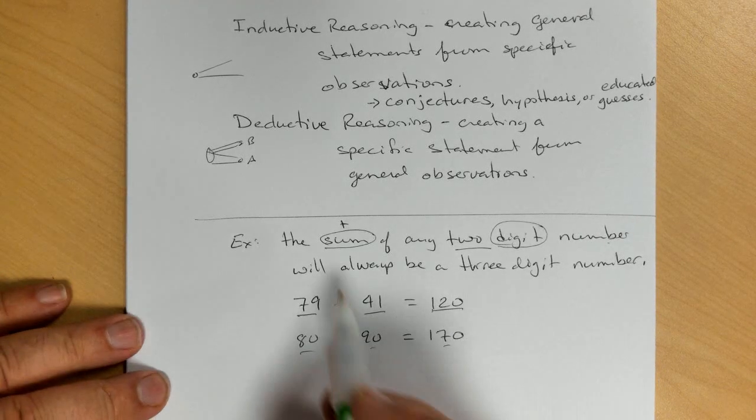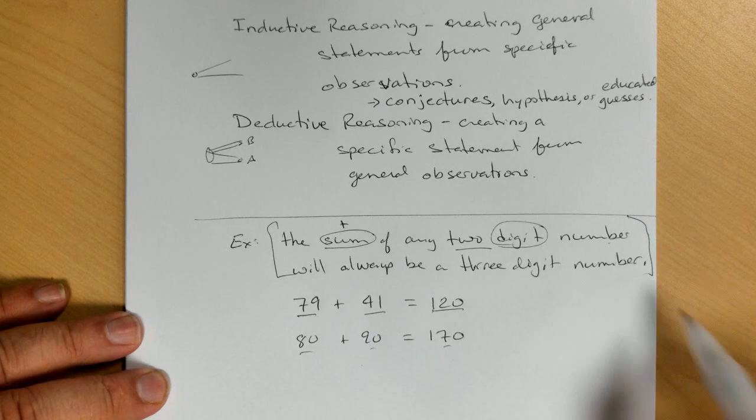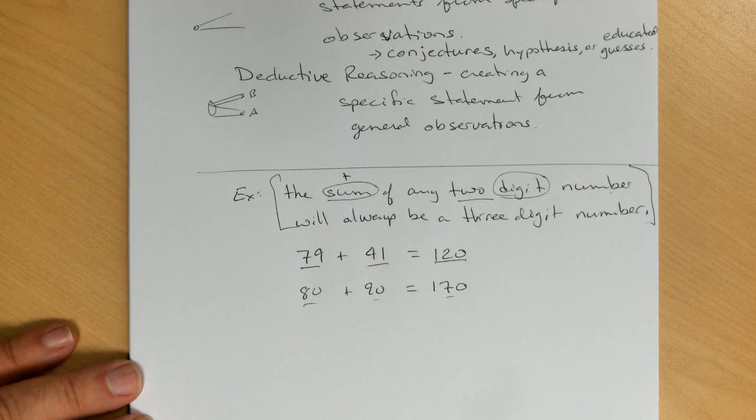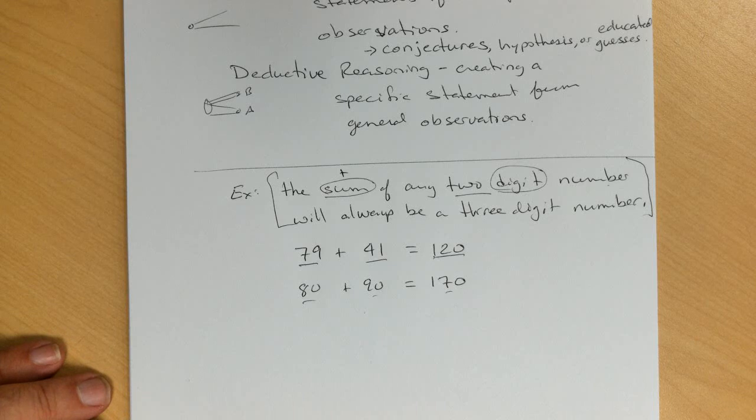So is this a true statement that the sum of any 2-digit numbers will always give you a 3-digit number? No, digits.